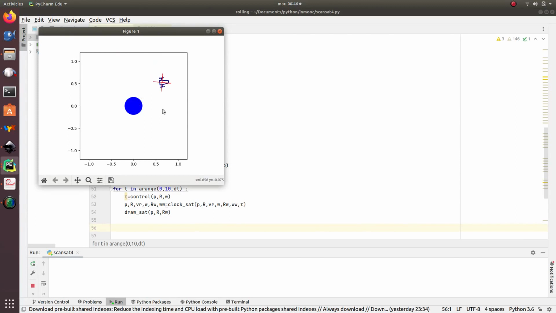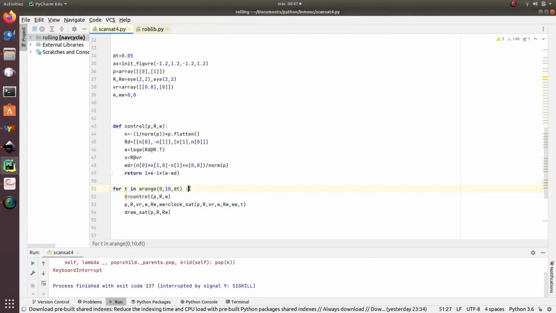This is why I have to change my gain. So here I will put something larger, for instance 10 or 100.